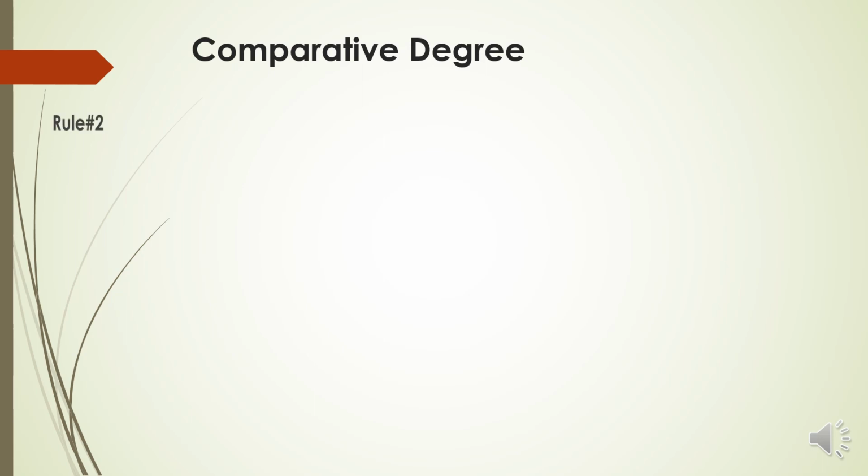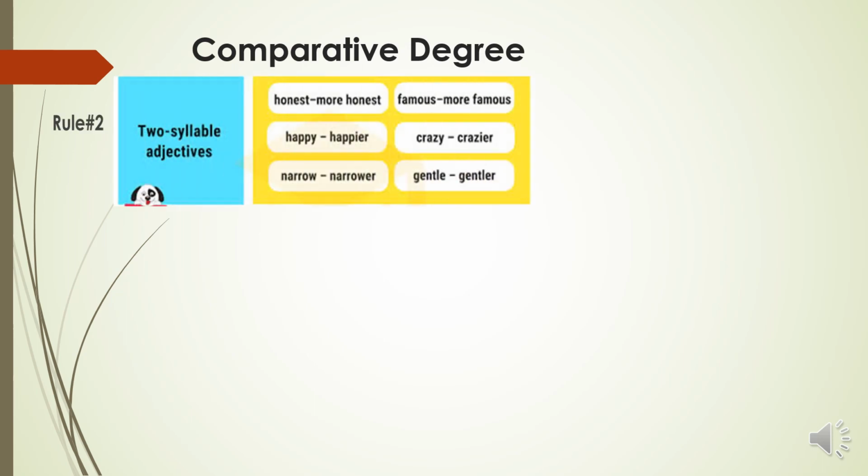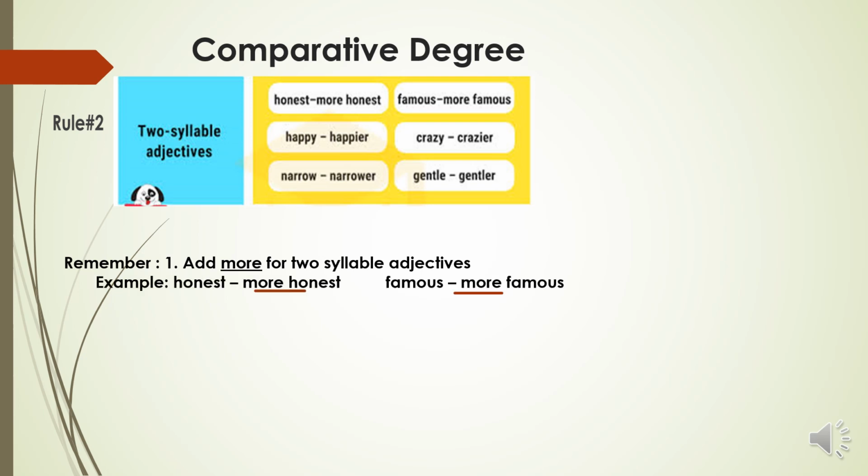Rule number 2. For two-syllable adjectives like honest, happy, narrow, famous, crazy, and gentle. Remember, we have to add the word more for two-syllable adjectives.